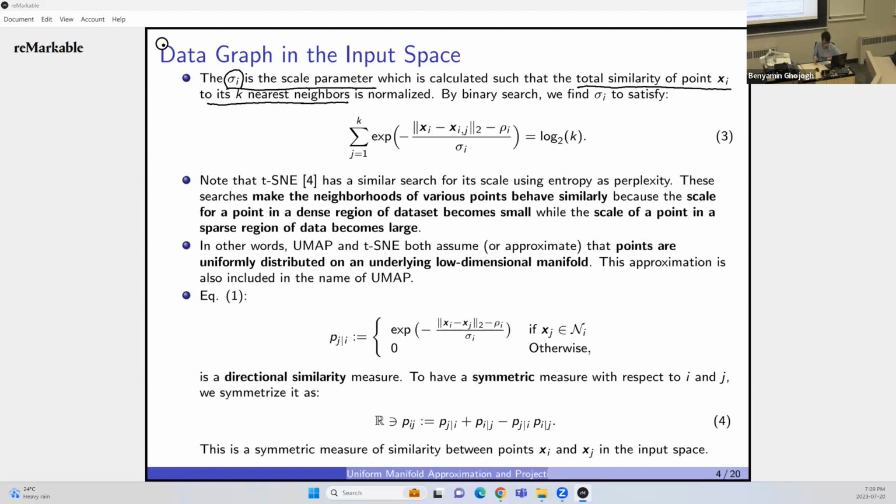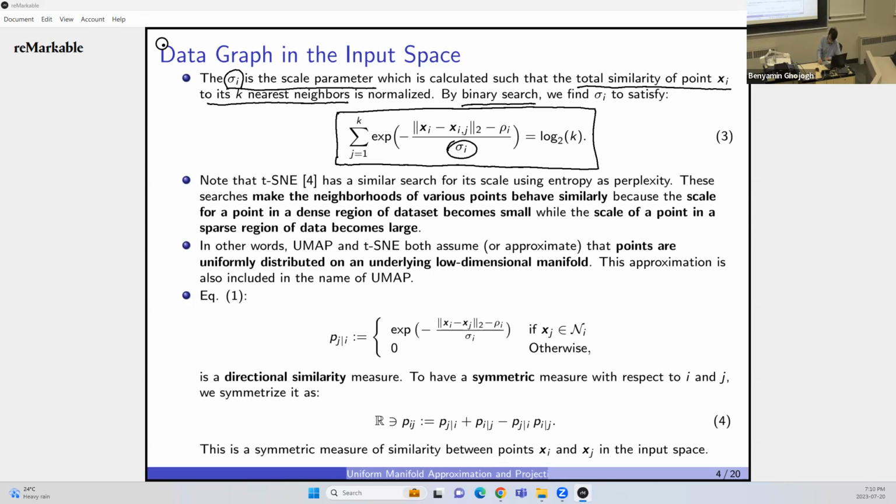And how can we find that? Do you remember? We also had the same idea in TSNE and SNE. We can use binary search. So what do we do? Consider equation 3. We use binary search to find which sigma i satisfies this equation.